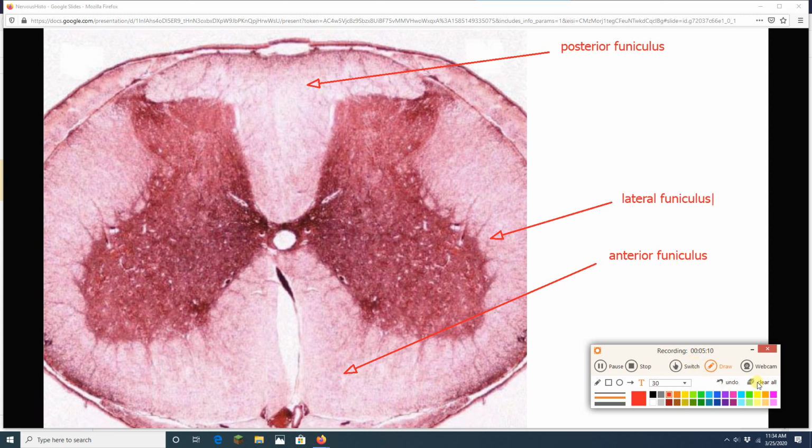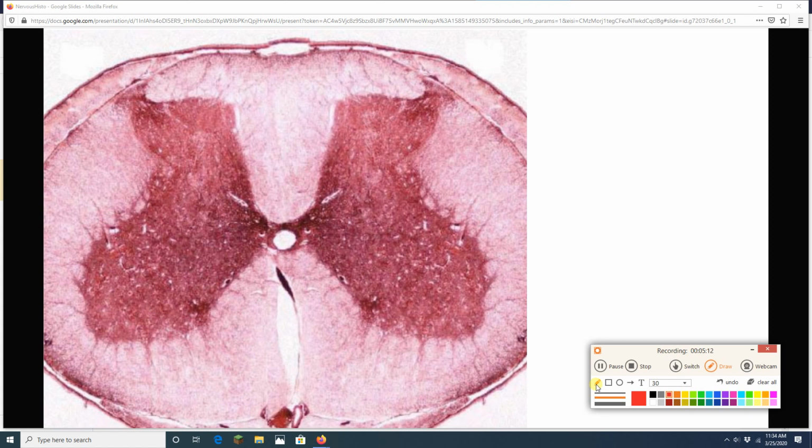All right, what else do we see? We are going to see the ventral horn. The ventral horn is going to contain multipolar motor neurons. So they're going to send their axons out because they're motor, they're going to be efferent, they're going to be going away.